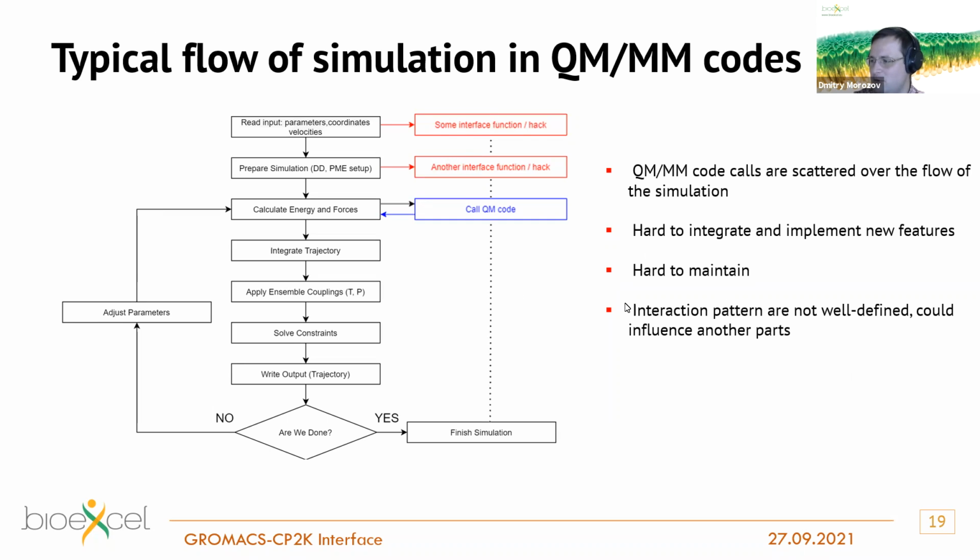And it's also a problem of that interaction pattern between the codes. That's why for our approach, we employed a bit different scheme. We call this unified API, which I've pointed here. We call these MDModules in GROMACS.